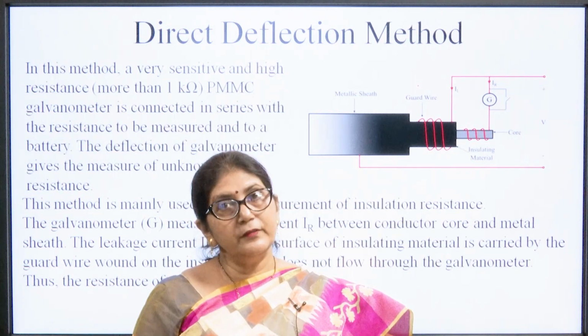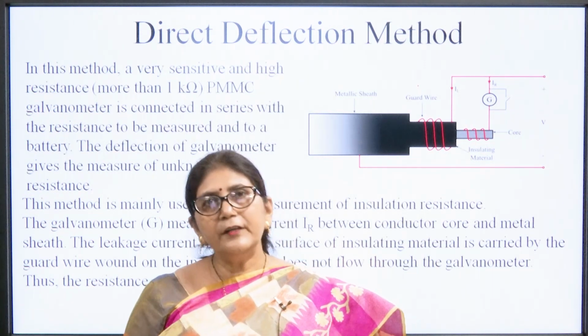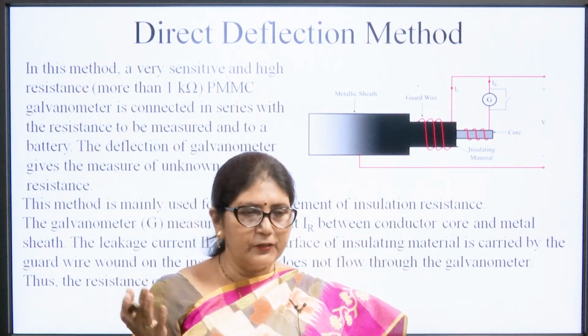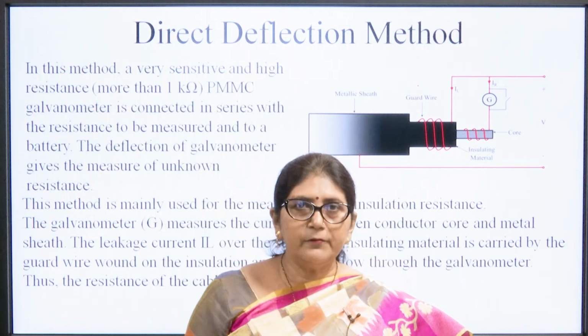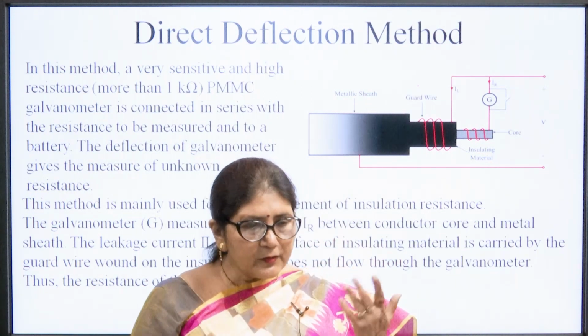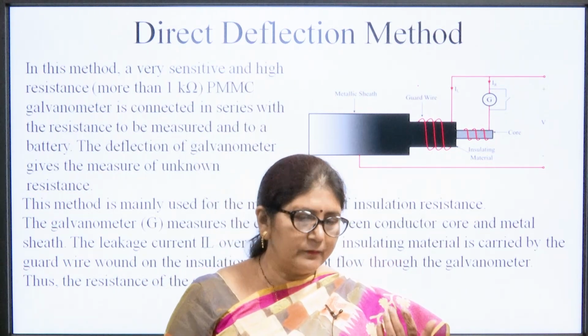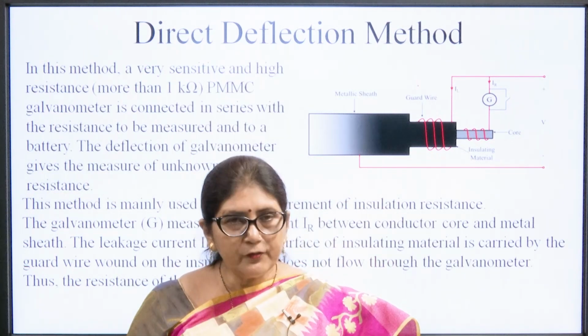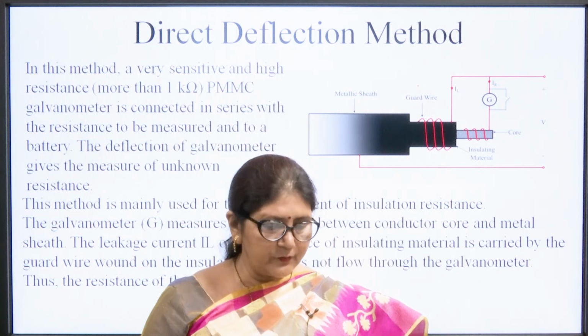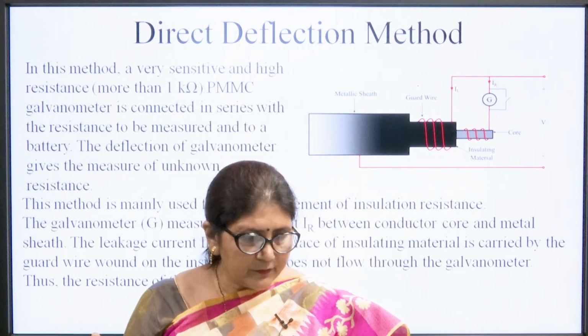Suppose we want to measure the resistance of an insulator, then we will use the direct deflection method. For medium resistance measurement, we have digital multimeter circuits and other instruments, so we can measure by that. We can also use a Wheatstone bridge for the measurement of medium resistance.